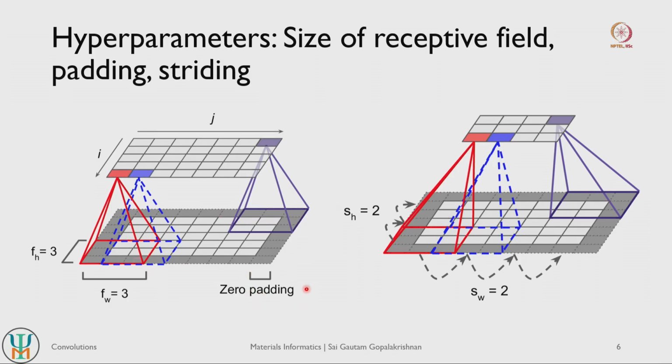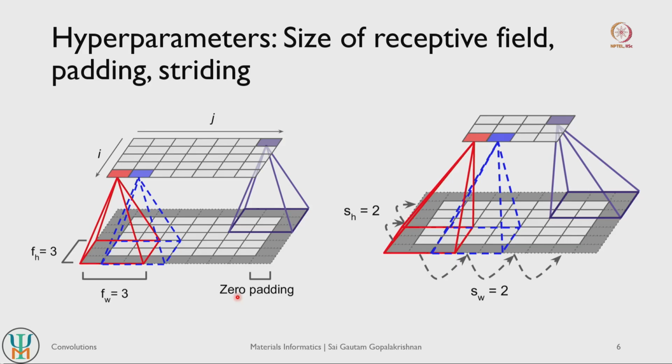So padding is another design choice that is often used to ensure that each neuron in the upper layers is interacting with the same number of neurons in the lower layers, so that there is no asymmetry in how each individual neuron is interacting.